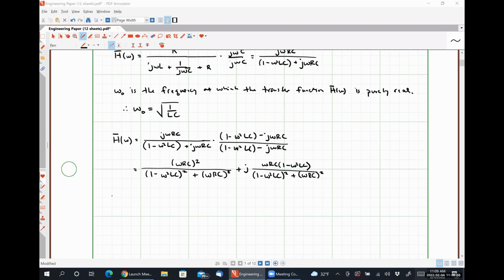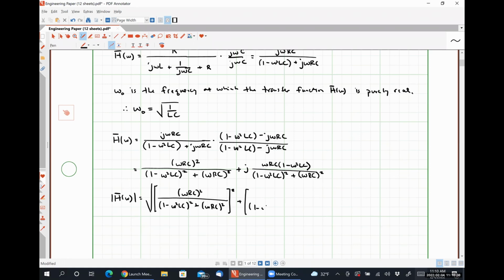So our magnitude is going to be the square root of the real part squared, so there's my denominator, here's my numerator, and then I'm squaring this whole fraction, plus my imaginary part squared.